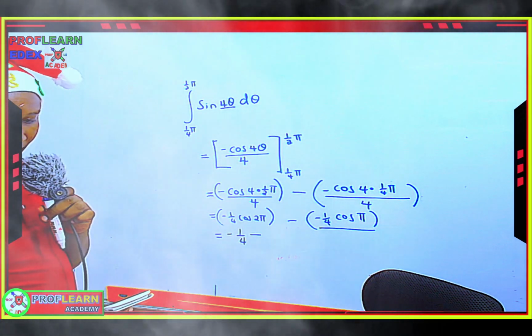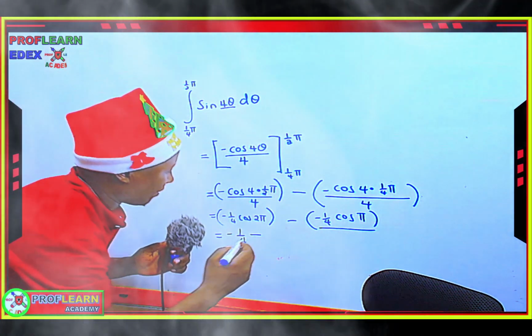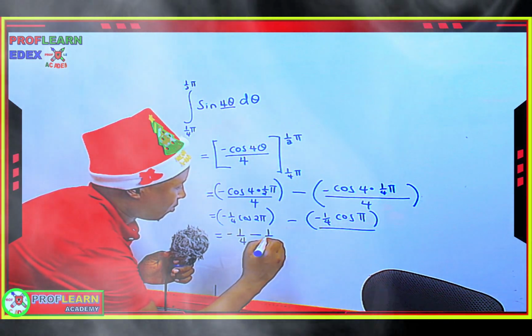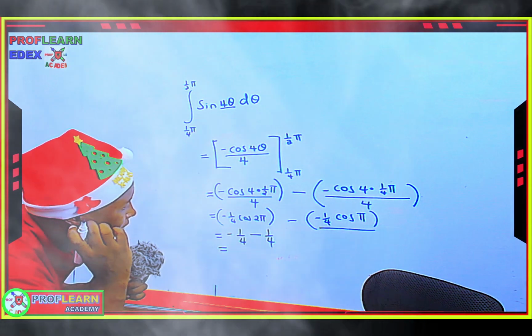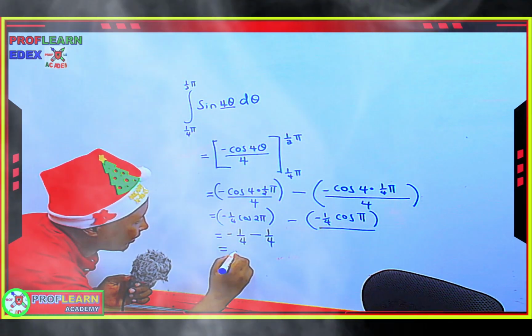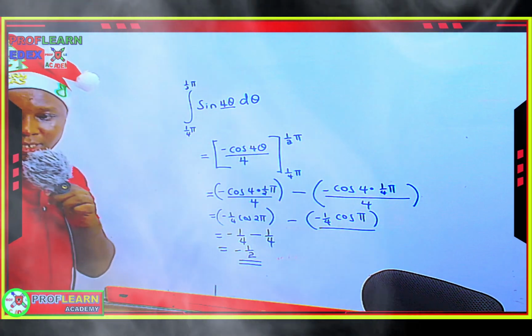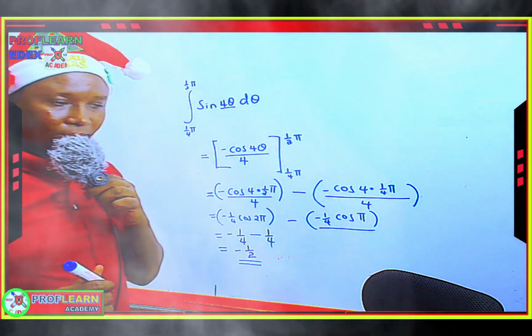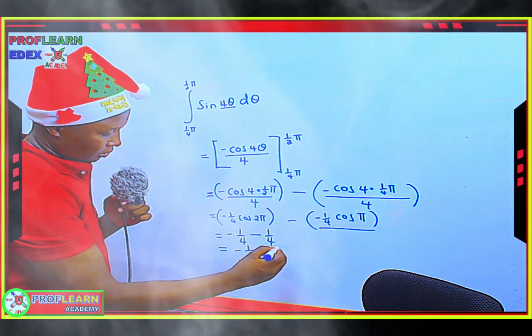It's giving me a quarter, so this will be 1 over 4. Then if we work it out, we are going to get our answer being negative 1 over 2 as the final answer to this. Is that what you got? Okay.